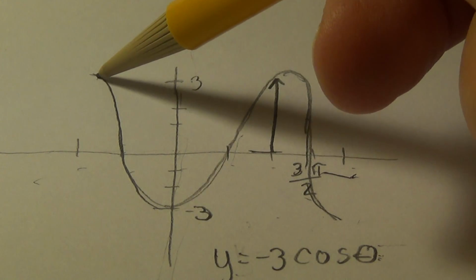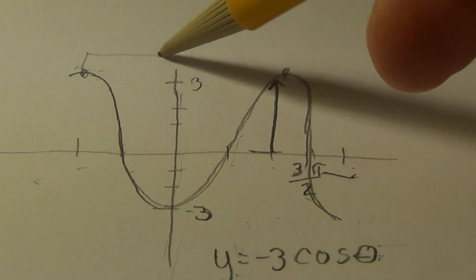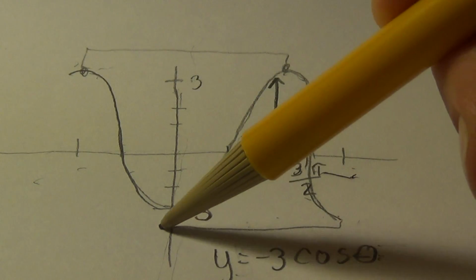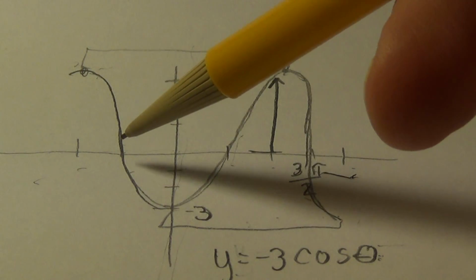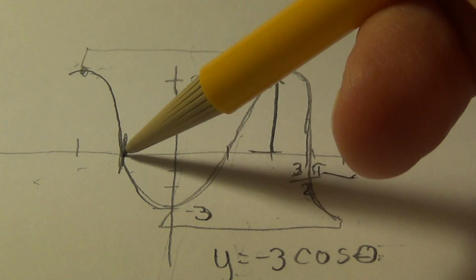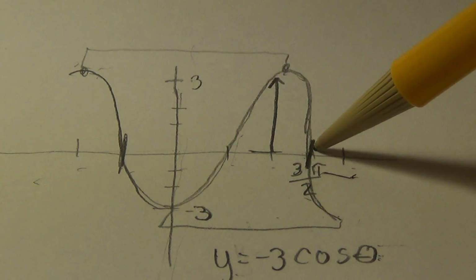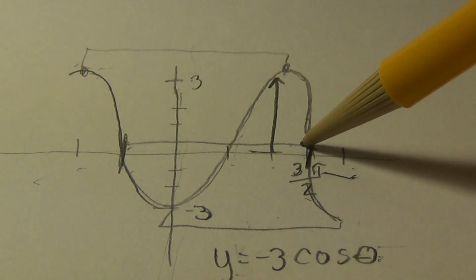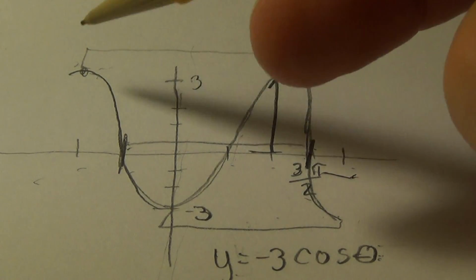One way would be from peak to peak, or bottom to bottom down here, or you could look at some crossing point until that crossing point is repeated. Like here's a crossing point going down, and here's a crossing point. So it starts to repeat at this part, from here to here. Doesn't matter where you look, the period's going to be the same. So I'll take peak to peak.